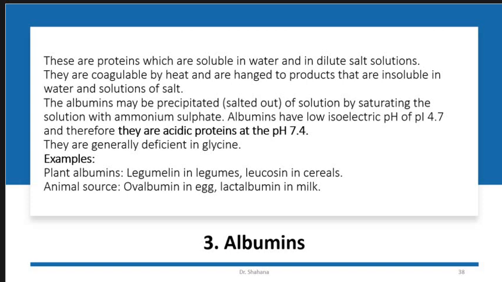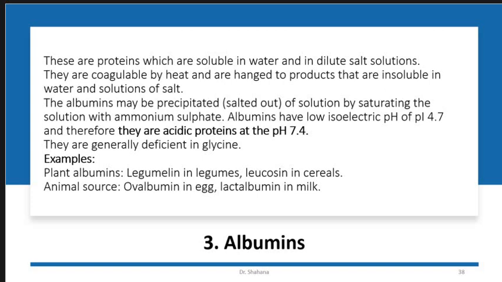Another type, very important proteins, albumins. These are very water soluble proteins, that is, soluble in water as well as in dilute salt solutions, but the problem is that they can be coagulated by heat and their products are insoluble in water and solution. जो भी coagulation के बाद products बन रहे हैं, now these are insoluble in water.